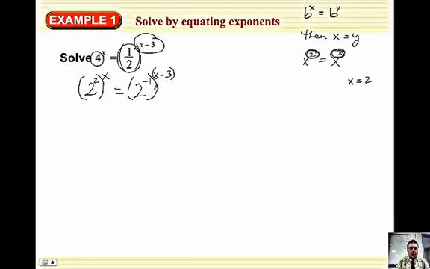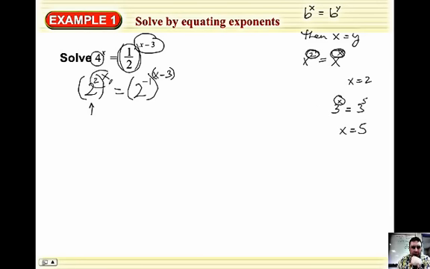Okay, now look what we have here. We got the same base. 2 to some power equals 2 to some power. If I had 3 to the x equals 3 to the 5th, x would have to be 5 for these two things to be equal. Same thing here.